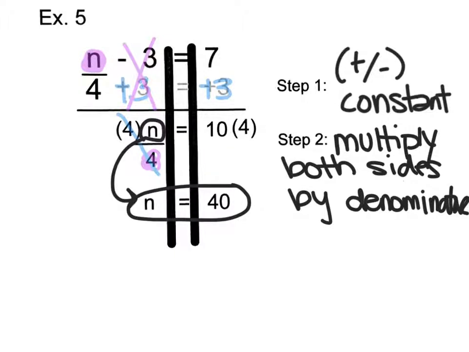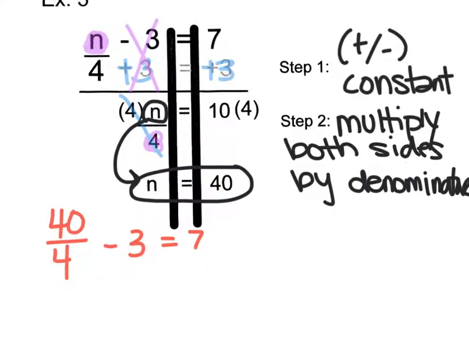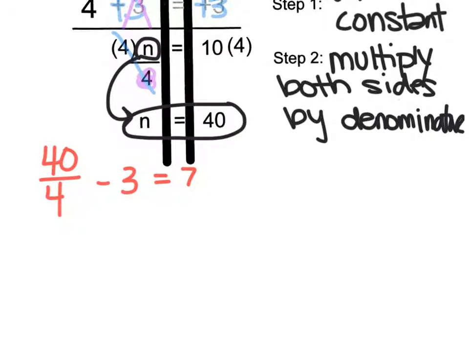It's always good to check your answers. So what I'm going to do is plug 40 back in for wherever I see n. It's going to look like 40 over 4 minus 3 equals 7. What is 40 divided by 4? 10.